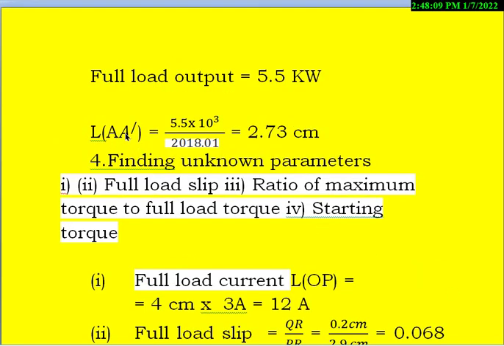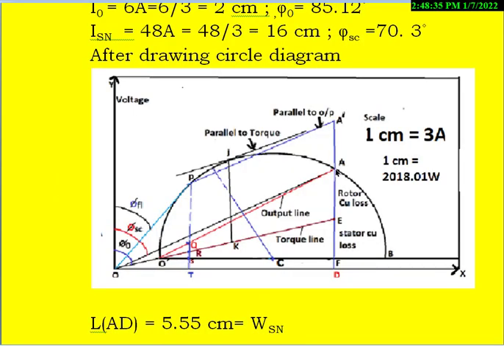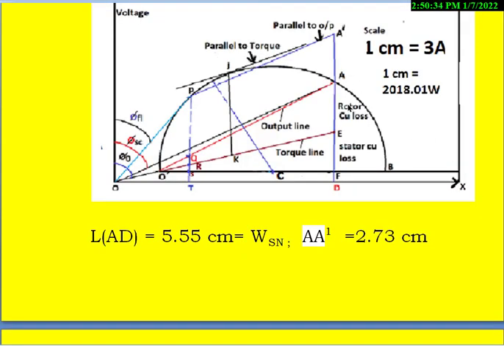So that length we call A dash. From point A up to A dash, that is full load output, the distance is 2.73 centimeters.